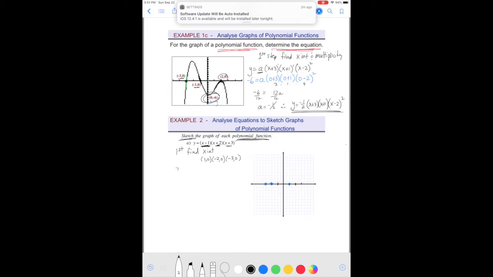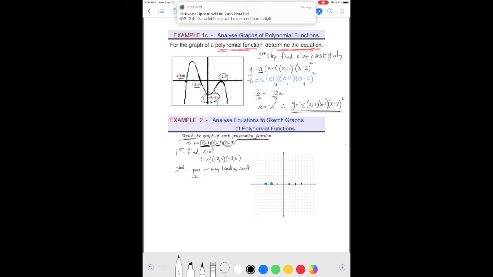Now the second step. We want to look at whether it's going to be going positive or negative, the leading coefficient. If we look up here, we have an x times another x times another x.